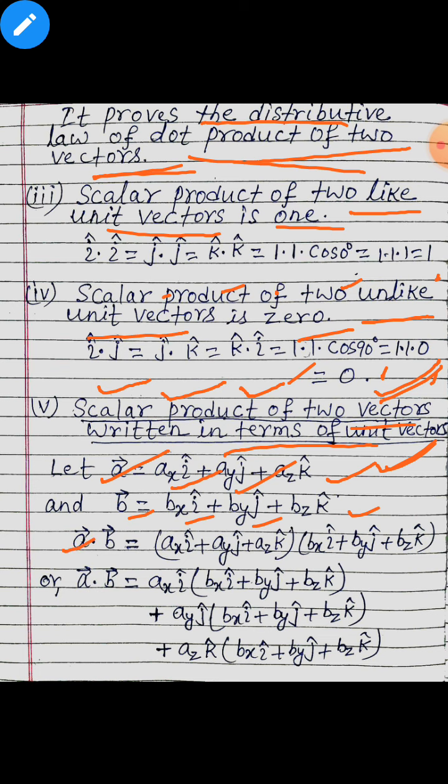So A vector dot B vector can be written as (ax i plus ay j plus az k) multiplied by (bx i plus by j plus bz k), or A vector dot B vector is equal to ax i dot (bx i plus by j plus bz k) plus ay j dot (bx i plus by j plus bz k) plus az k dot (bx i plus by j plus bz k).